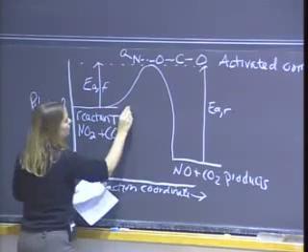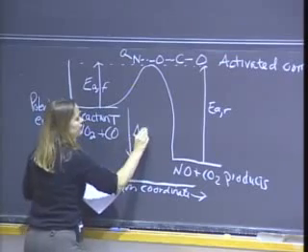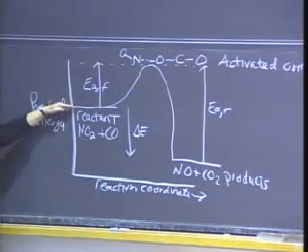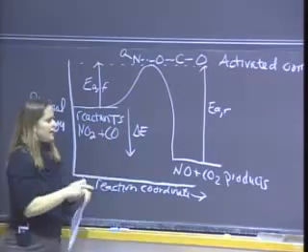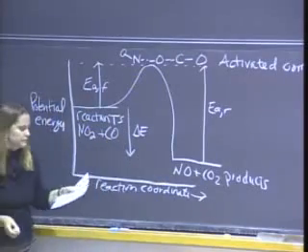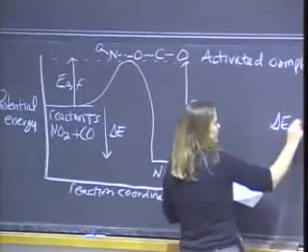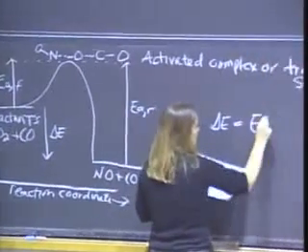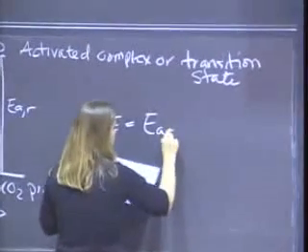And overall, you have a delta E for the system, the difference between the energy of the reactants and the products. So delta E is going to equal the activation energy for the forward reaction.